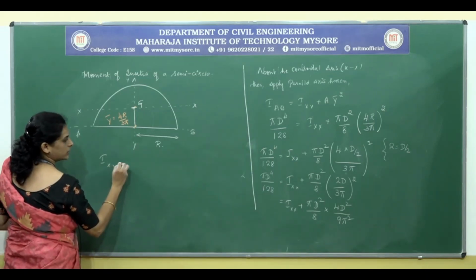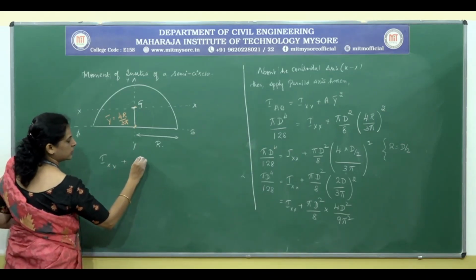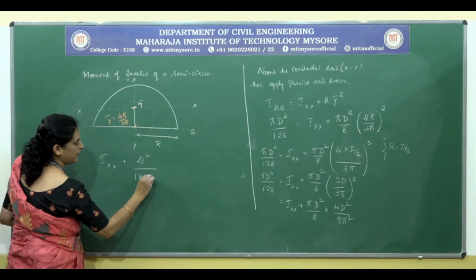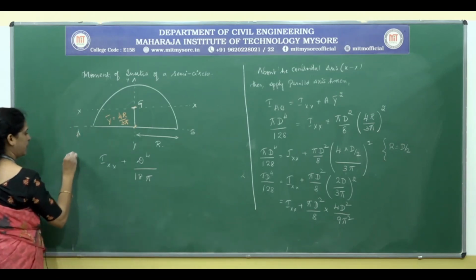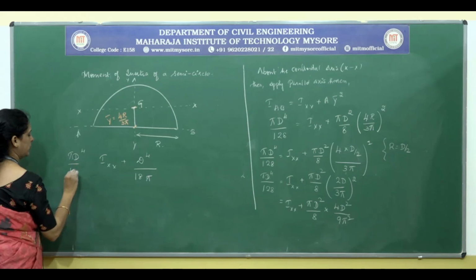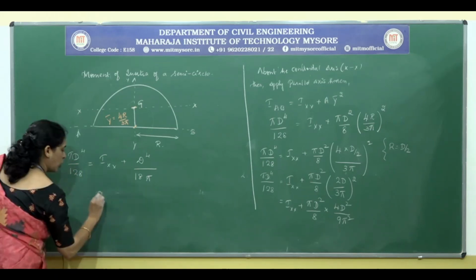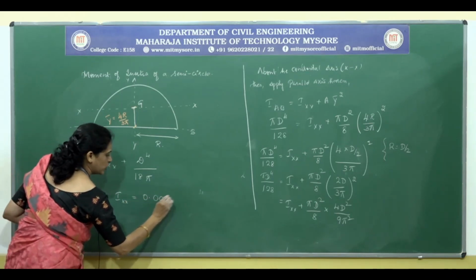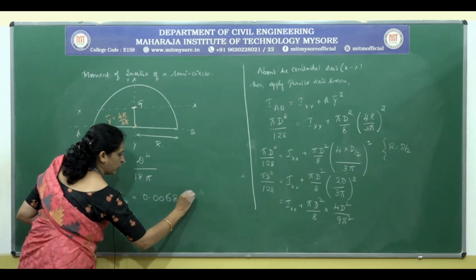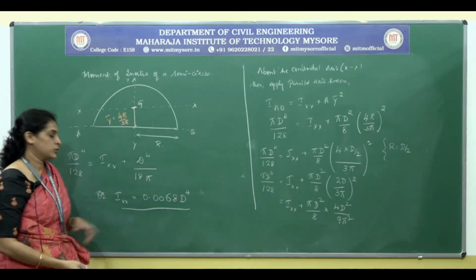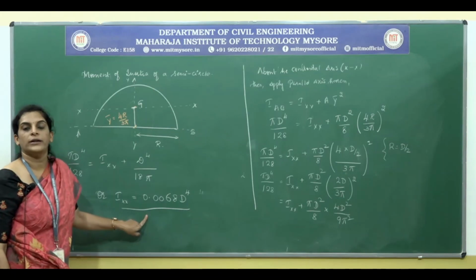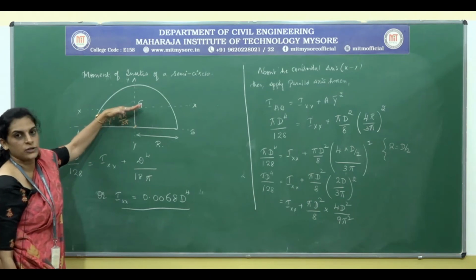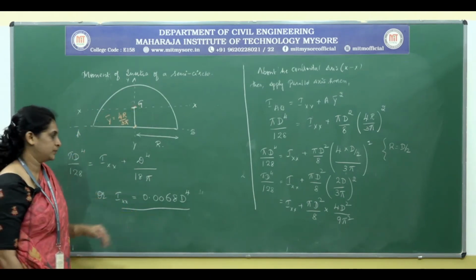Further, IXX plus d to the power of 4 by 18 pi, that is pi d to the power of 4 by 128, or IXX is equal to 0.0068 d to the power of 4. So this is the expression to find out the moment of inertia about the centroidal axis for a semicircle.